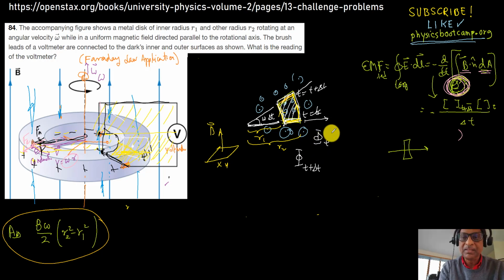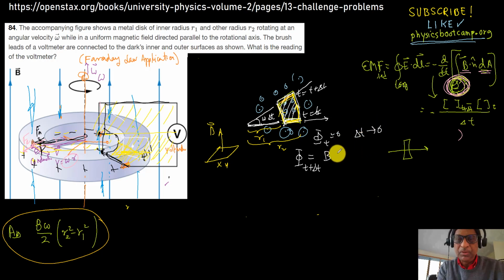Flux at t is 0, and flux at t plus delta t is B times the area of this, right? So it's kind of like a little rectangle, but delta t is going to 0. That's the limit we want.